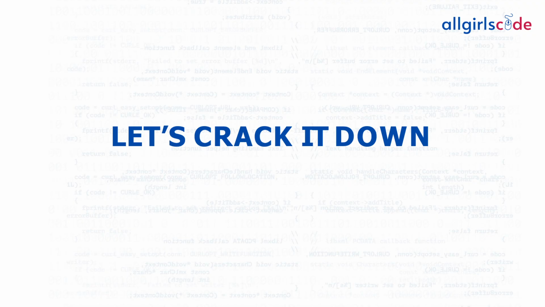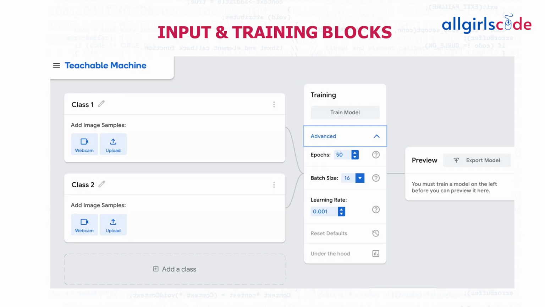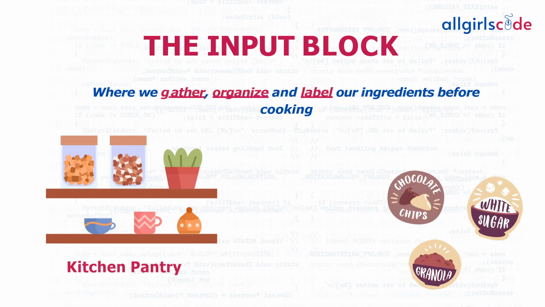Let's break down the process into small, simple steps. Our two key stages: input block, where we give examples, and training block, where the machine learning algorithm learns from them. Think of the input block like a pantry before cooking. We gather and label all our ingredients so we know exactly what we're working with.